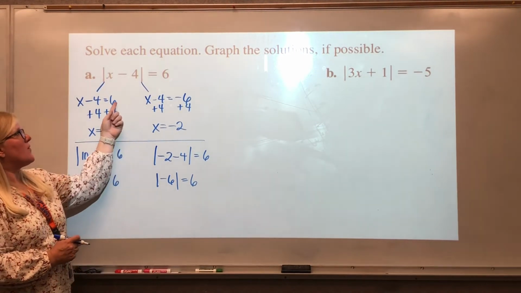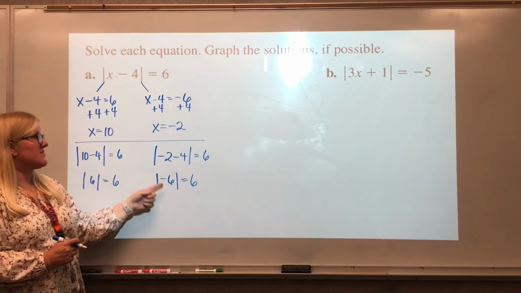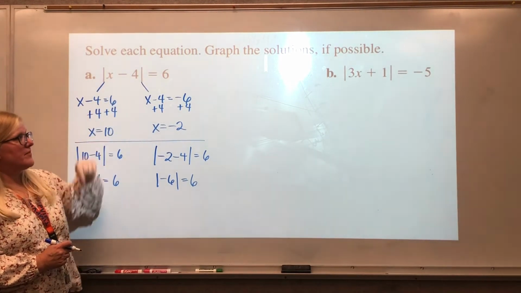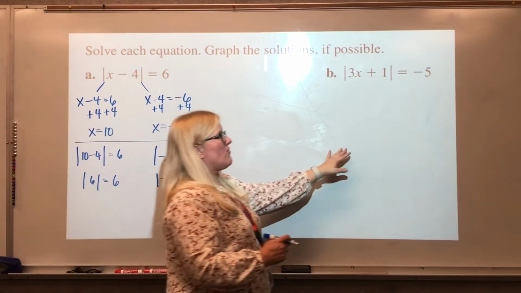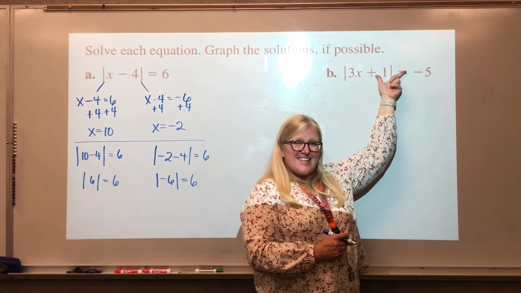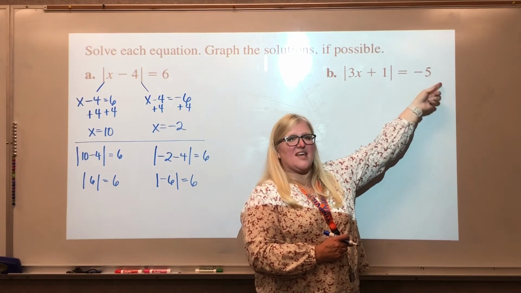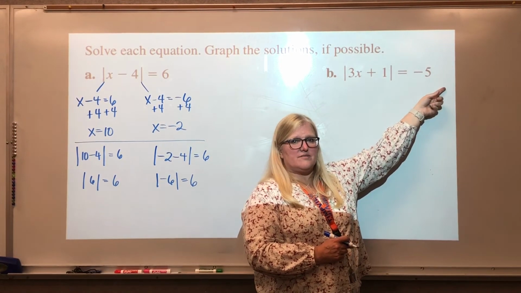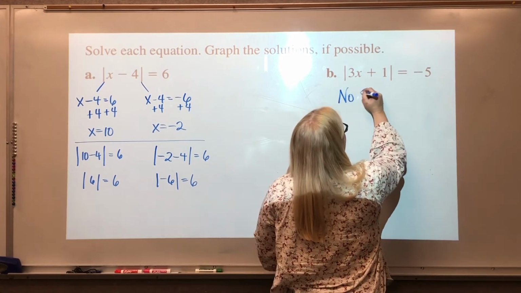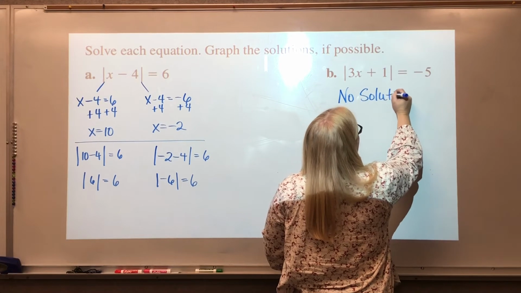So that's why we have it equal to 6 and to negative 6, because what's in here can be positive or negative. Now over here, I have a negative. Can I take the absolute value of something and get a negative? No, I can't. So in this case, there is no solution.